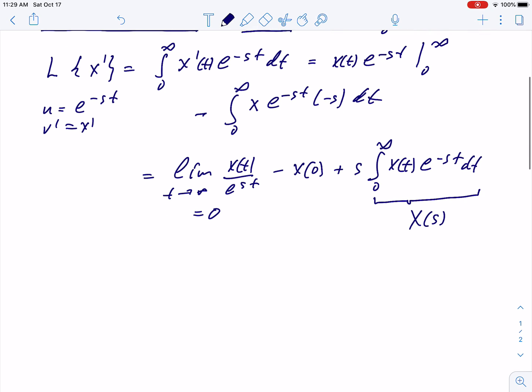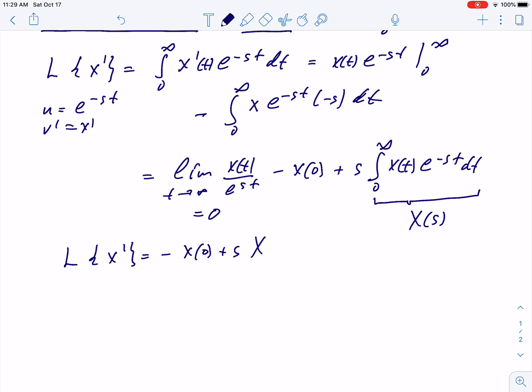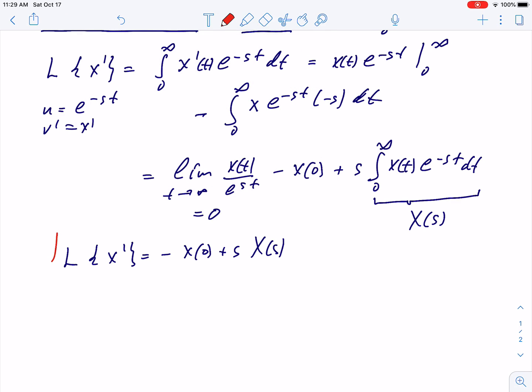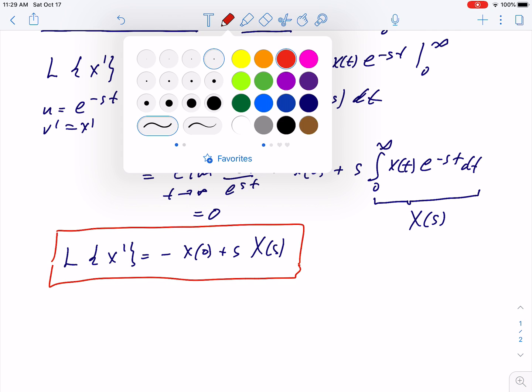And in this case, the result will be Laplace x prime will be minus x0 plus s big X of s. So this is our formula for transforming the first derivative. X of 0 we shall take from the initial conditions.